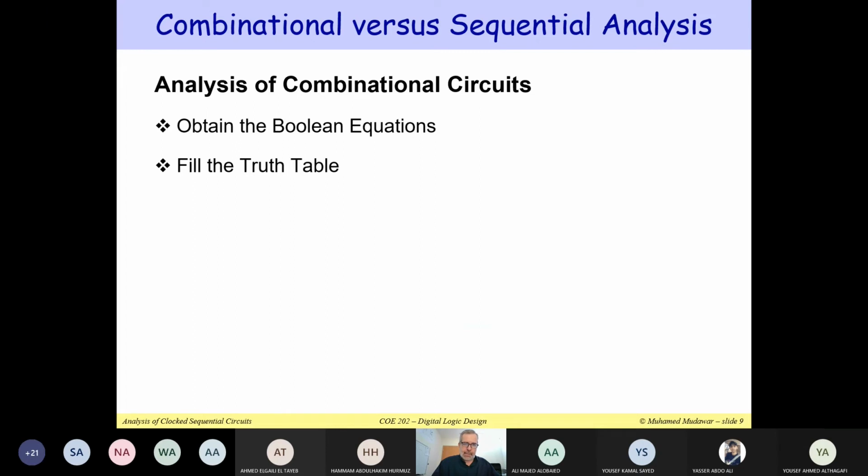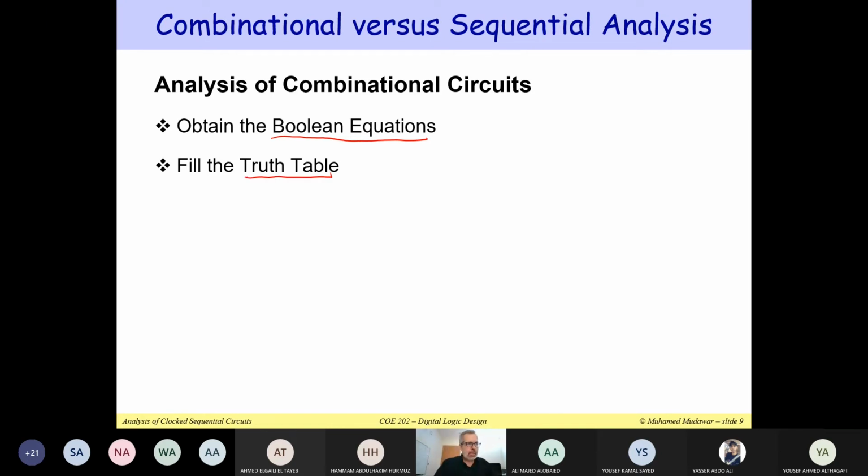Now, there is a small difference between the analysis of combinational circuits and sequential circuits. We have seen already the analysis of combinational circuits. That was very easy, very simple. In the case of combinational circuits, we obtain the Boolean equations. These equations appear at the output of the combinational circuit and we fill the truth table.